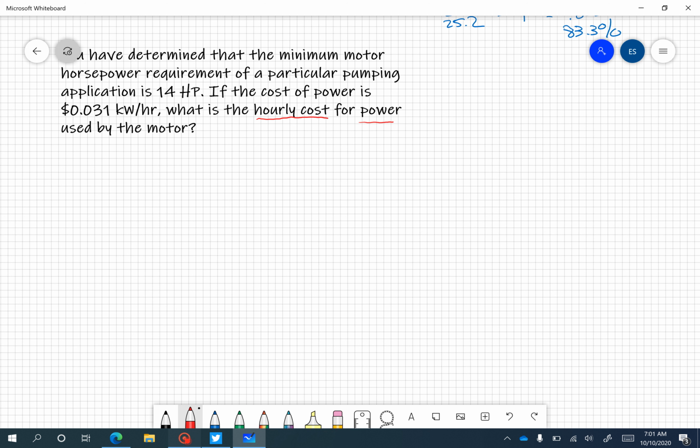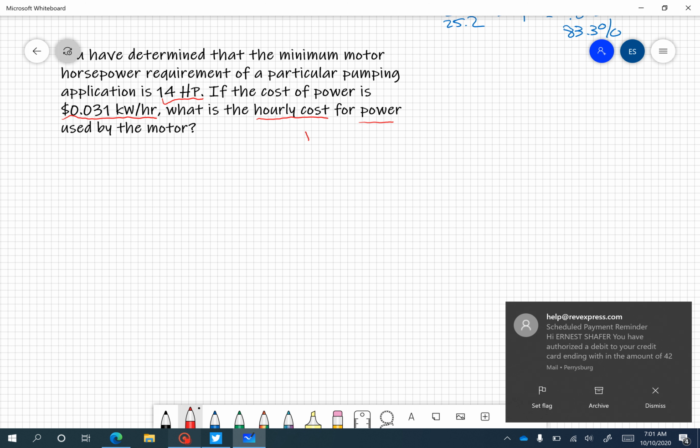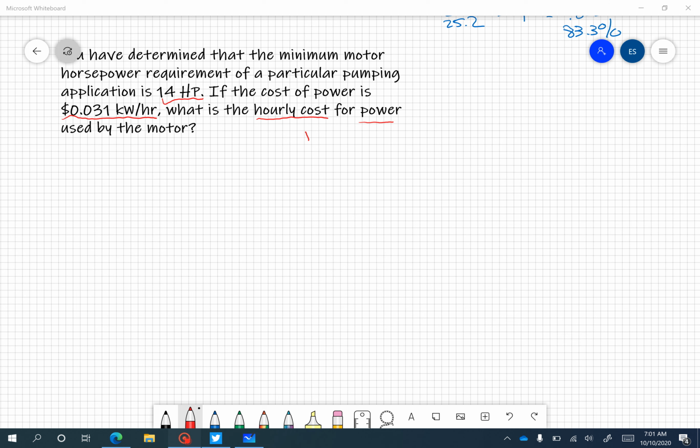We're given that it requires 14 horsepower, and then we're given the price for electricity in kilowatts per hour. So how do we convert 14 horsepower into kilowatts per hour? First, we need to convert horsepower into kilowatts.